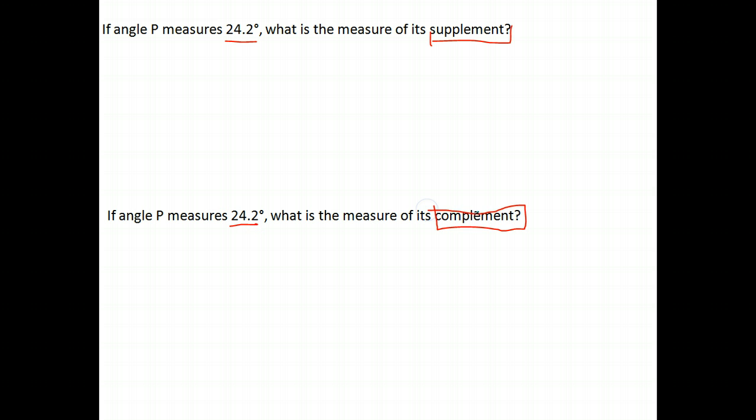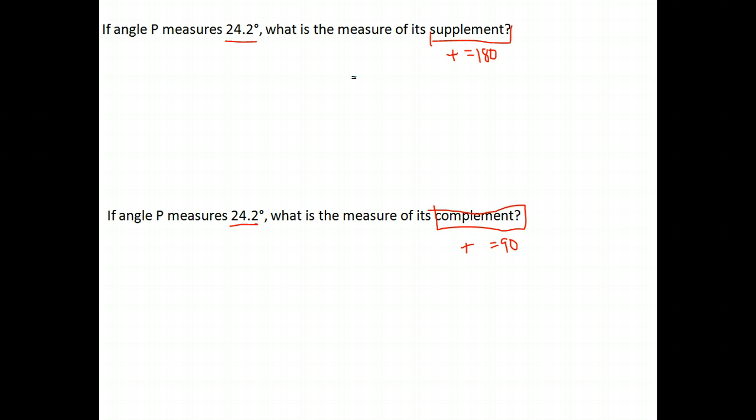So you want to read these questions very carefully because, as you'll see, these two give us very different answers. Supplementary, remember, is two angles that add to be 180. Complementary angles are two angles that add to be 90. So a supplement is what you add to it to get 180. Complement is what you add to it to get 90.